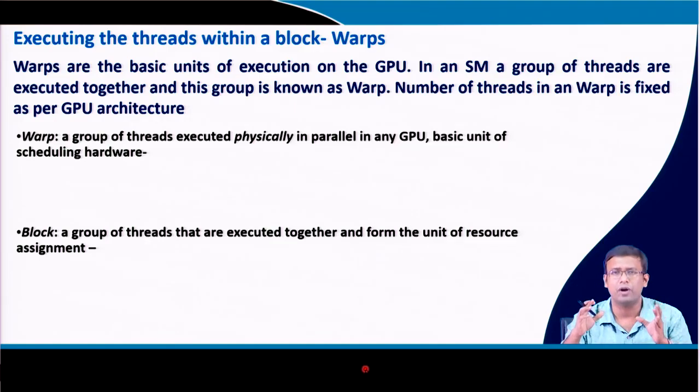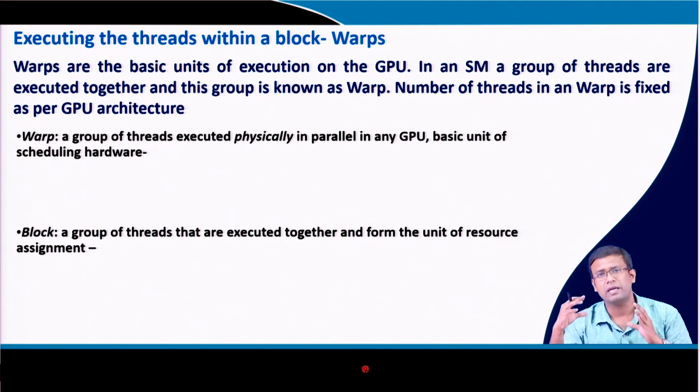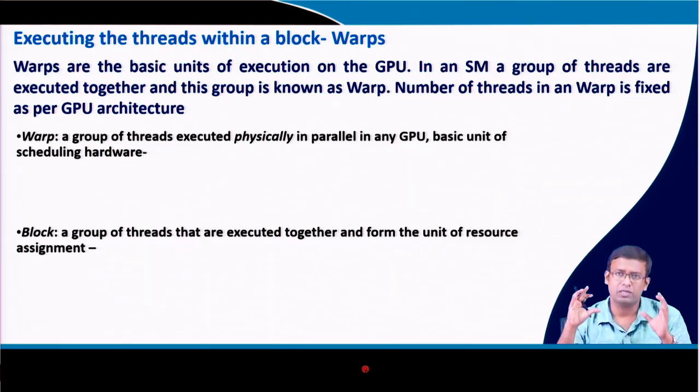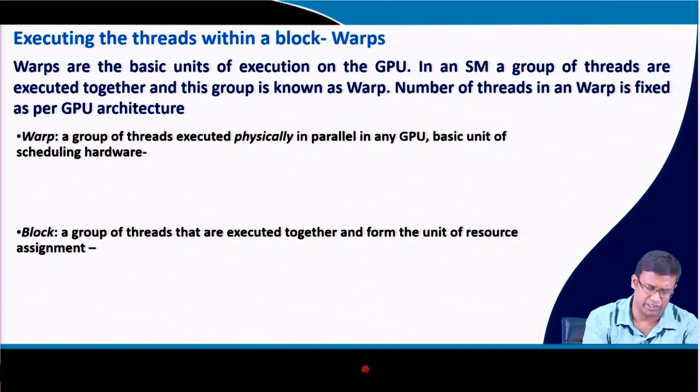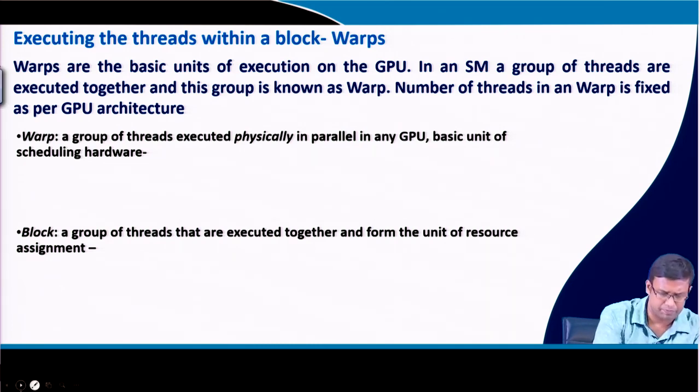When a GPU works inside its streaming multiprocessor, one warp is activated first, and this is different from a block. A block is the total group of threads that are considered as a unit and allocated to a streaming multiprocessor. The number of threads in a block can be different. The number of threads in a warp is fixed by the hardware or architecture specification.